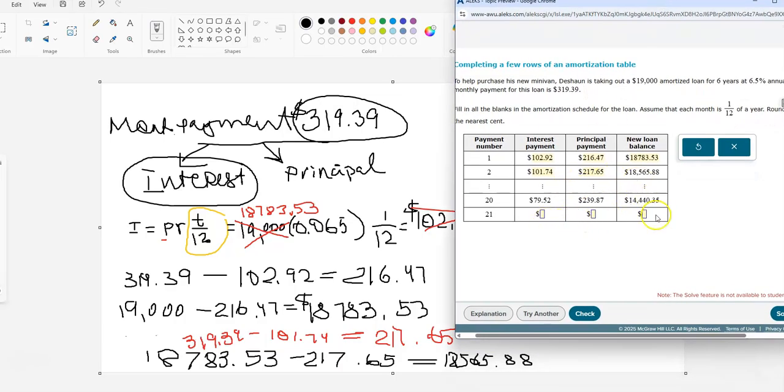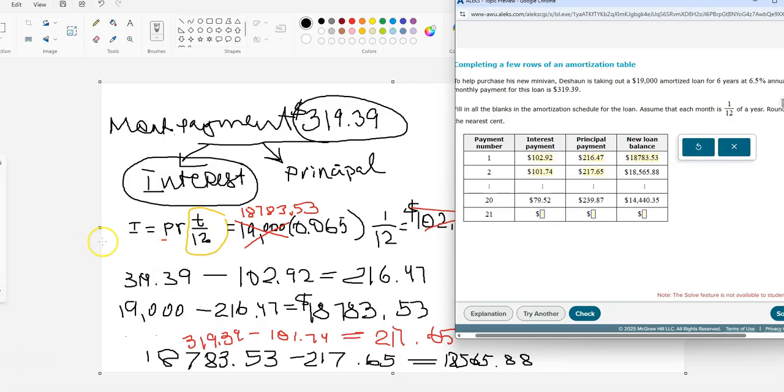I like that idea. Now, payment number 21. So your new balance, that's your principal. So you paid through month 21. So almost 2 years you've been paying for this loan, and you reduced the loan balance to 14,440.35.